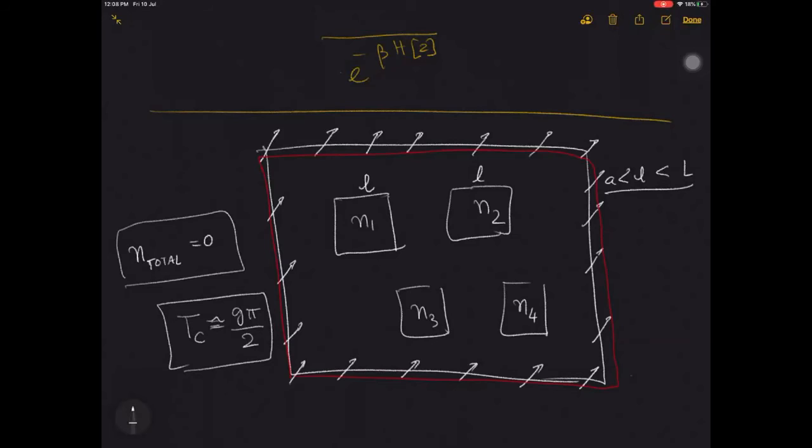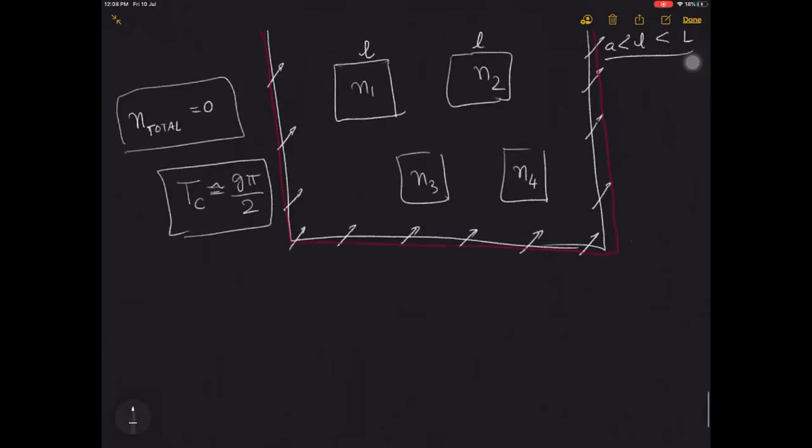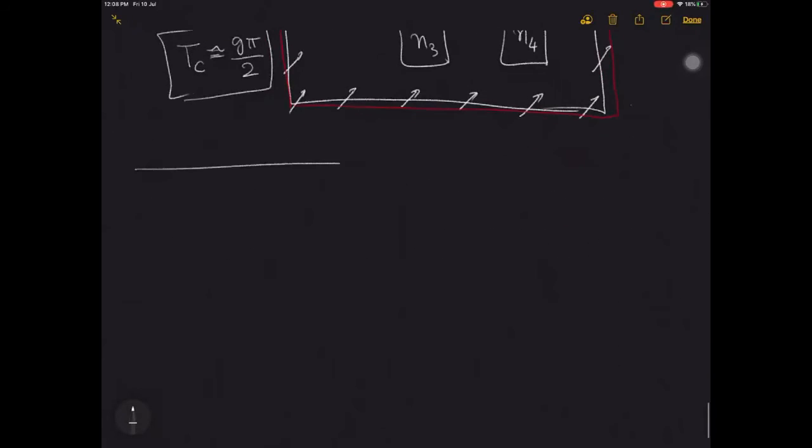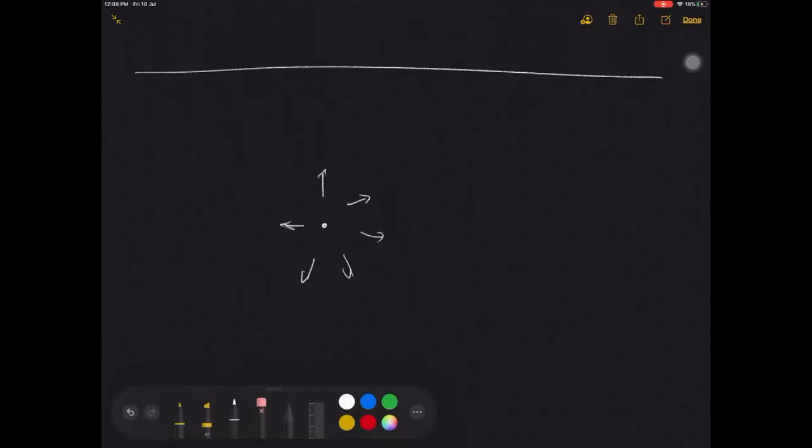Once these are present, how do we think about them? One way to see this is that I can have a vortex which is +1. Let me draw a better one.